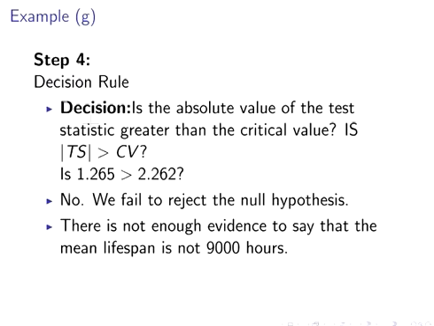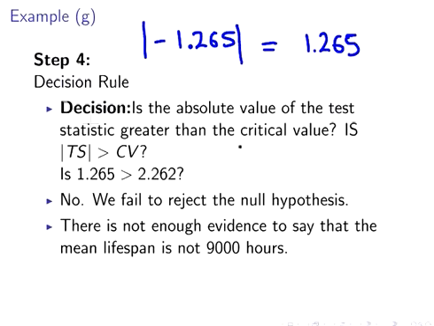So the last part is the decision rule. Is the absolute value of the test statistic greater than the critical value? Is the absolute value of TS greater than CV? Well, the test statistic is minus 1.265, and the absolute value is 1.265. Just disregard the sign. Is that the case? No. So we fail to reject the null hypothesis.